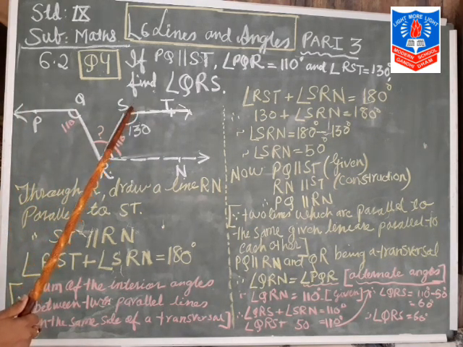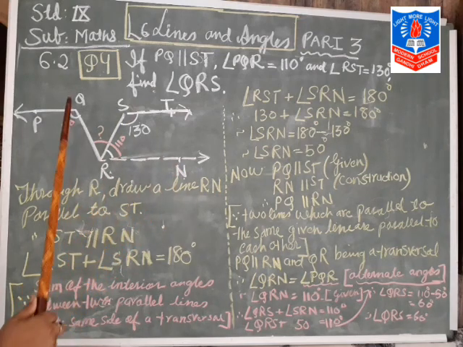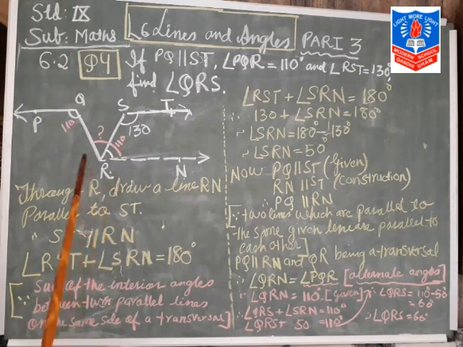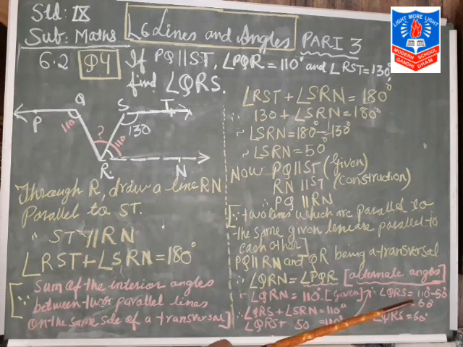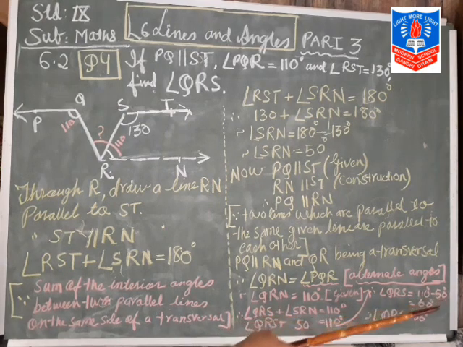Because QRN is given as 110, and SRN is 50, QRS equals 110 minus 50. Therefore, QRS is 60. Clear, children?